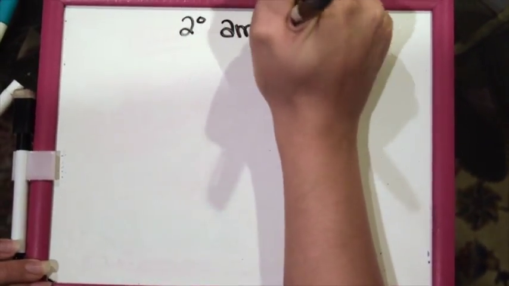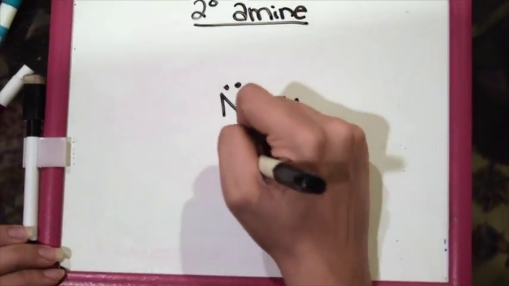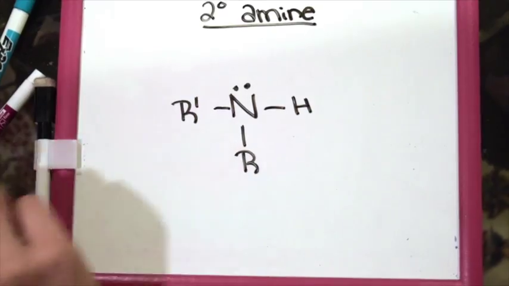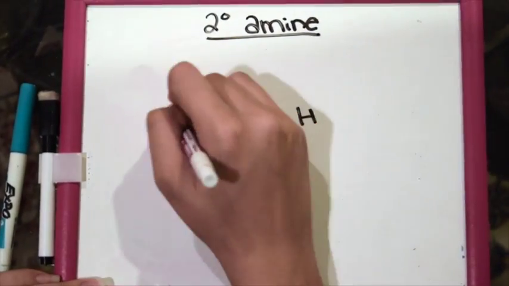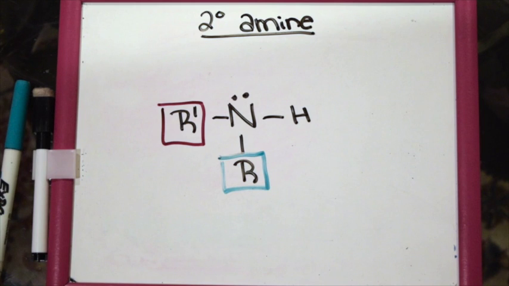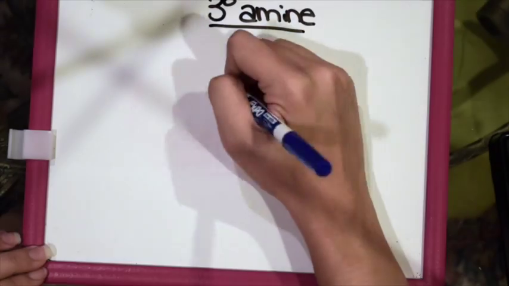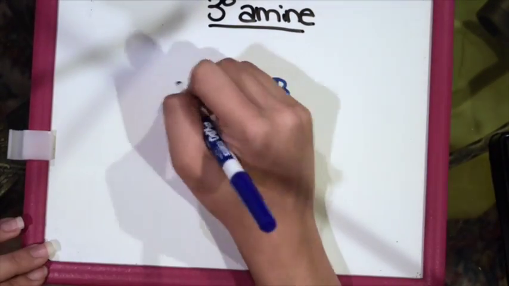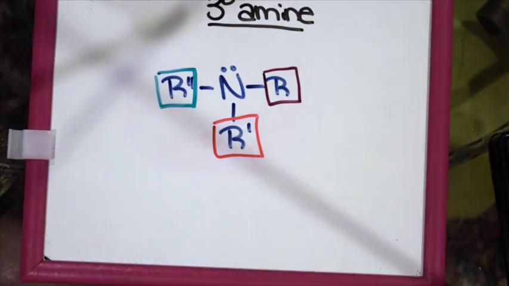In secondary amines, a nitrogen with a lone pair is bonded to two R groups and one hydrogen atom. In tertiary amines, a nitrogen with a lone pair is bonded to three R groups but no hydrogen atoms.